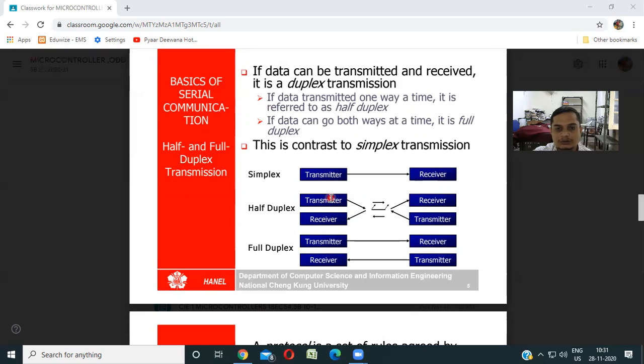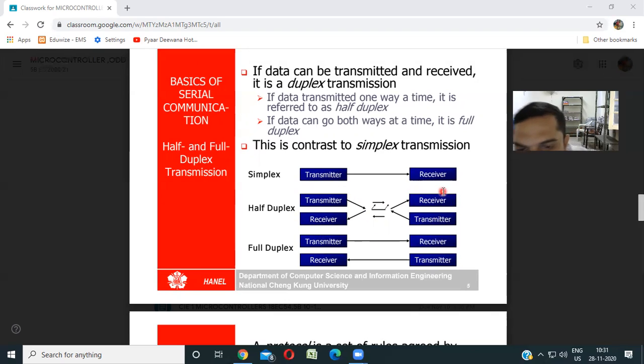When the transmitter sends the data to the receiver, the receiver side has to wait. There is no simultaneous data transfer here.